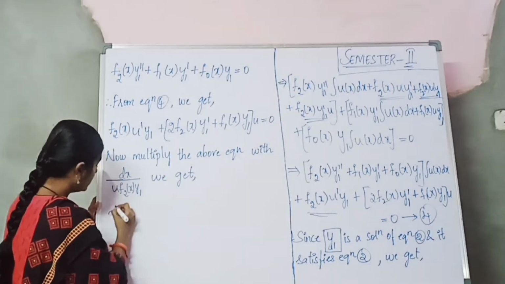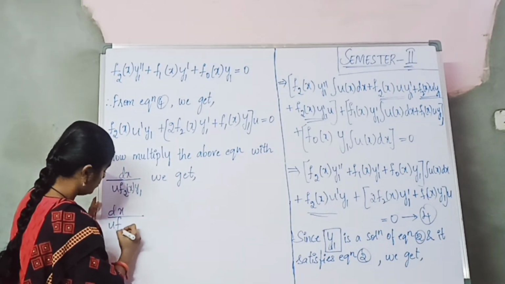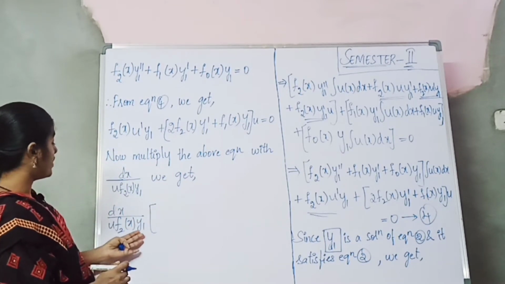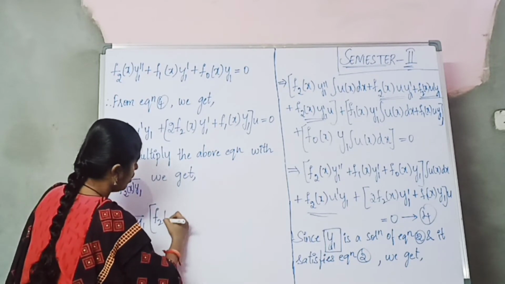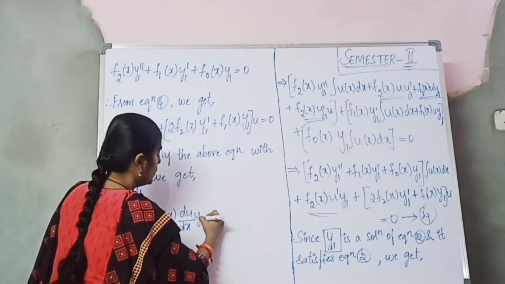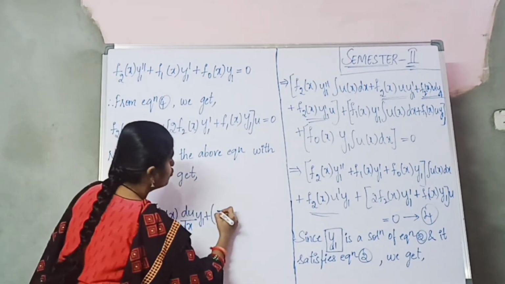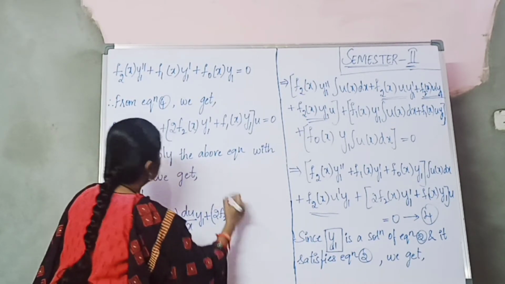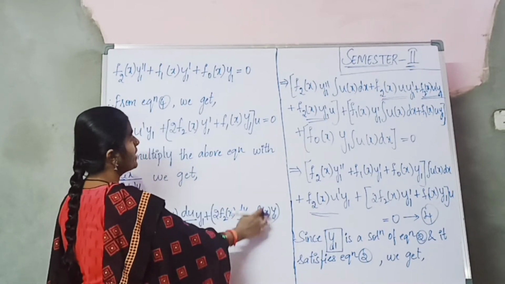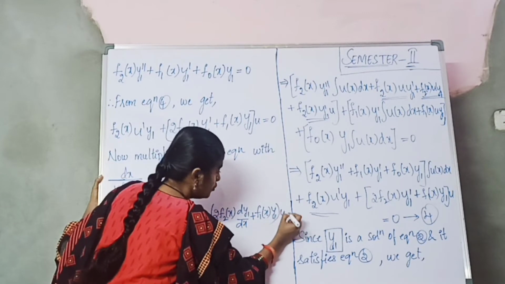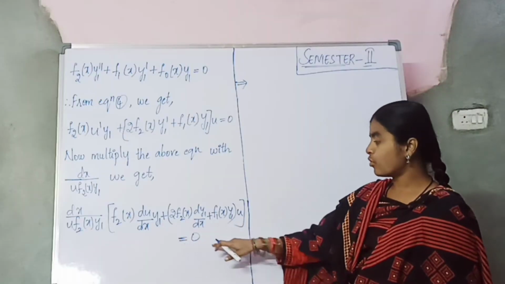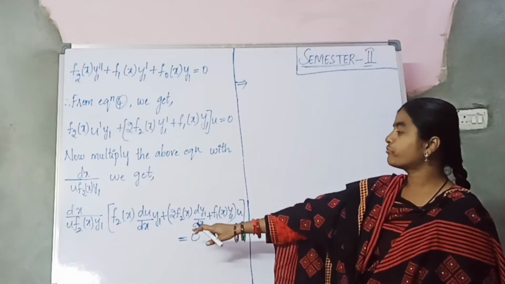We get dx by u f2(x) y1 times f2(x). Here u' can be written as du by dx into y1, plus 2 f2(x) y1' can be written as dy1 by dx, plus f1(x) y1, into u, equals 0. Now we have to multiply this whole term with dx by u f2(x) y1.